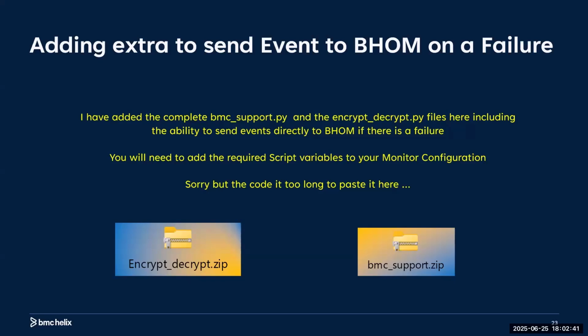So instead of using the metrics or any standard processing within BHOM, I was bypassing that and sending events straight in. In this case, it would send an event of the script failed, where the log file was on the local host, and put that into an event.